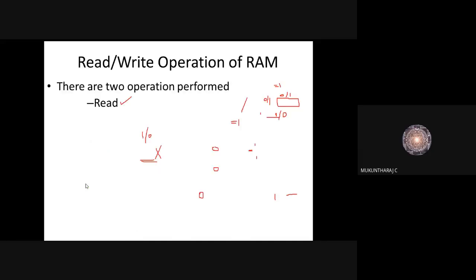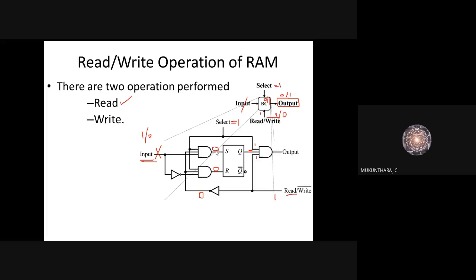Okay, so when you are giving 0 0 to this SR flip-flop, then Q will be available with the previously stored data. Okay, so for example, the previously stored data may be like this. Here 0. Okay, so previously stored data is 0. Then what will happen?